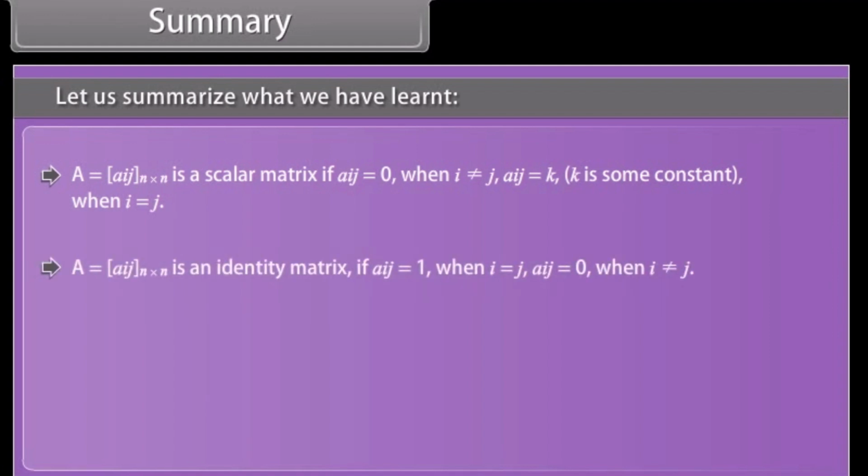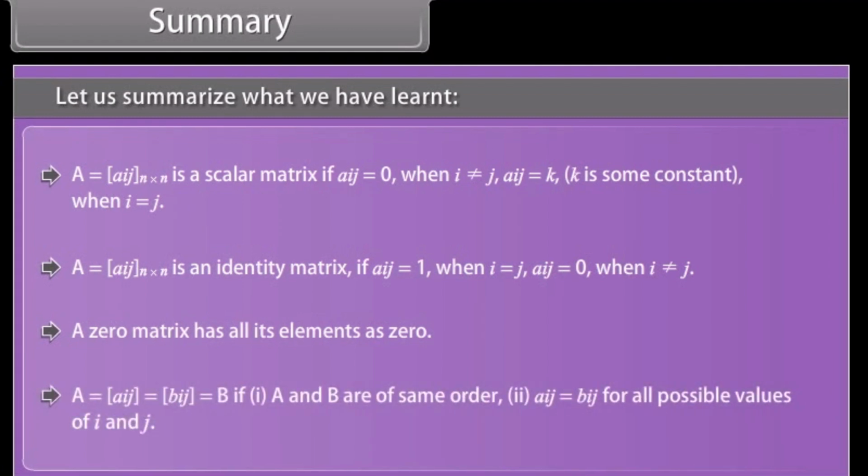A is equal to A_ij, n by n, is an identity matrix if A_ij is equal to 1 when i is equal to j, and A_ij is equal to 0 when i is not equal to j. A zero matrix has all its elements as 0.